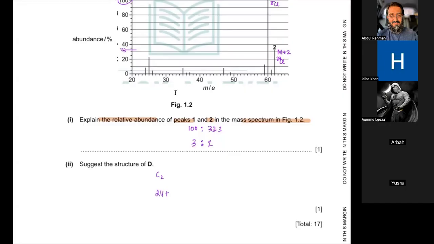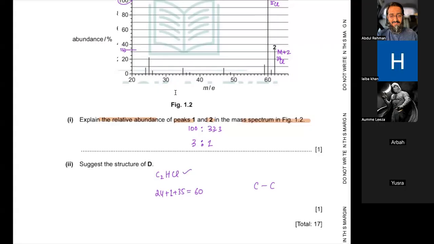Then if we have one hydrogen, 24 plus 1 is going to be 25, and then chlorine, which is 35, so it is going to be 60. So it is going to be C2HCl.